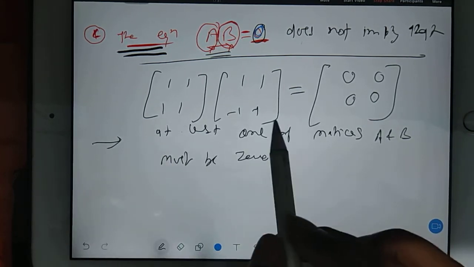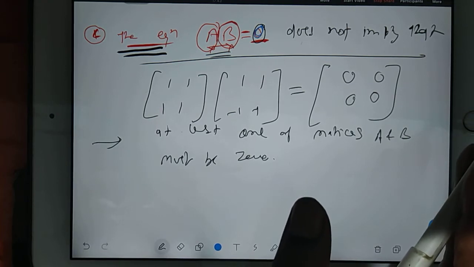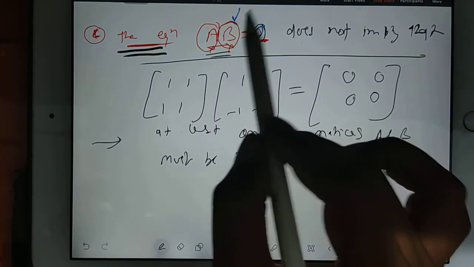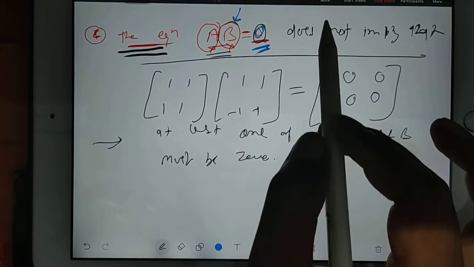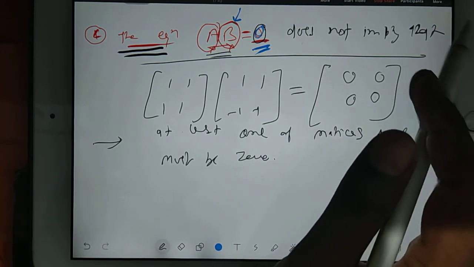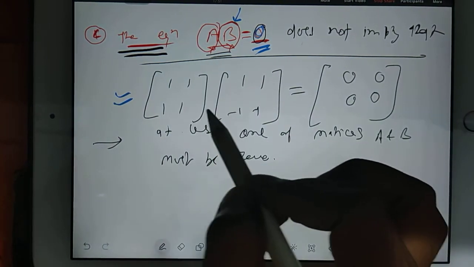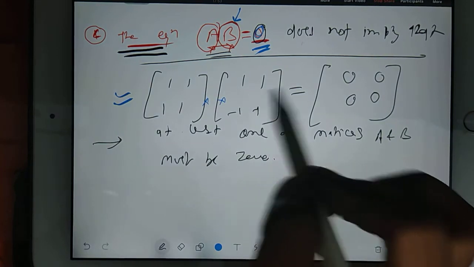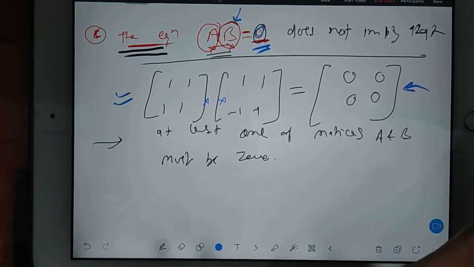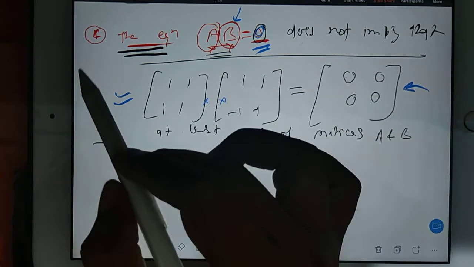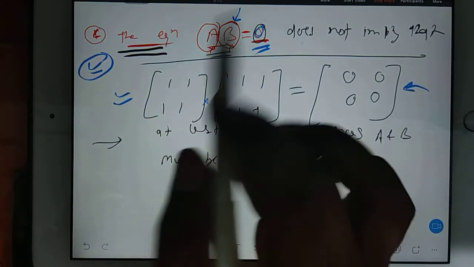So it is not a hard and fast rule. If one is 0, then definitely we will get 0. But even though the elements are non-zero, we can still get 0. So there is a possibility, and even this kind of question can be framed in statements.